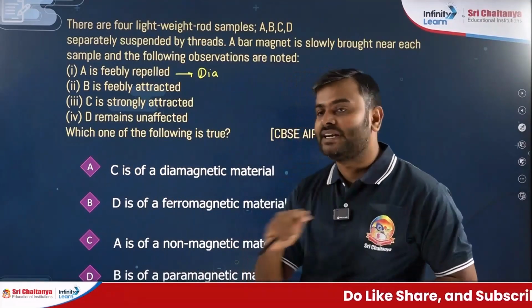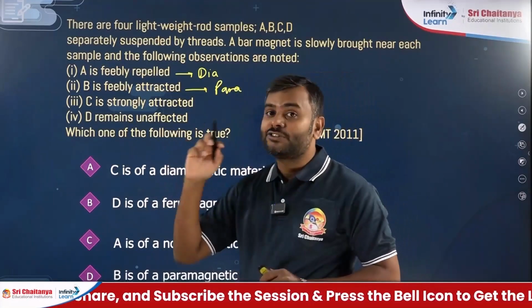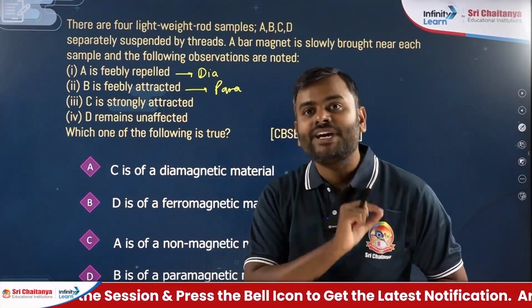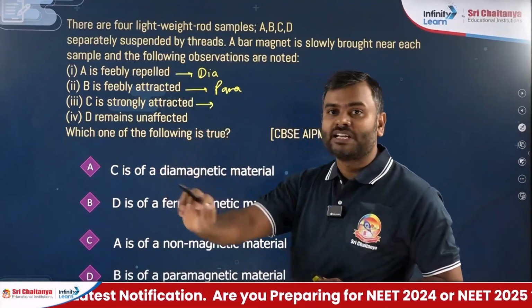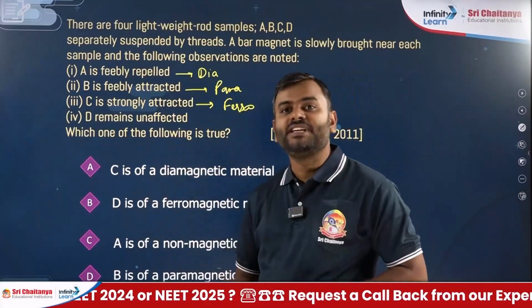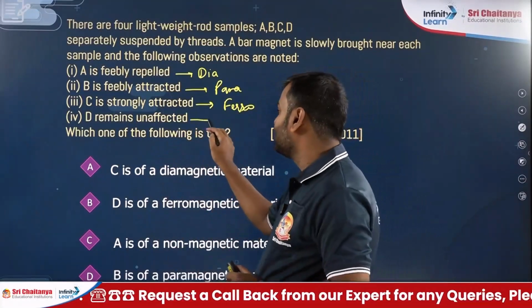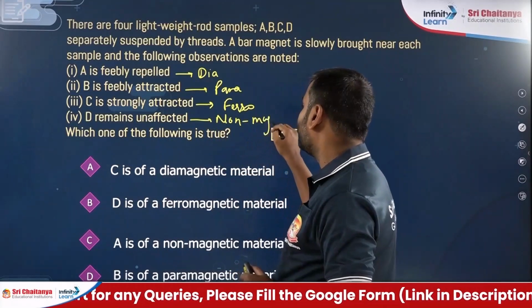It is paramagnetic material. And C is strongly attracted. Ferromagnetic material is the material which will be attracted strongly in the presence of an external field. So this will be ferromagnetic. And D remains unaffected. It means it is a non-magnetic substance.